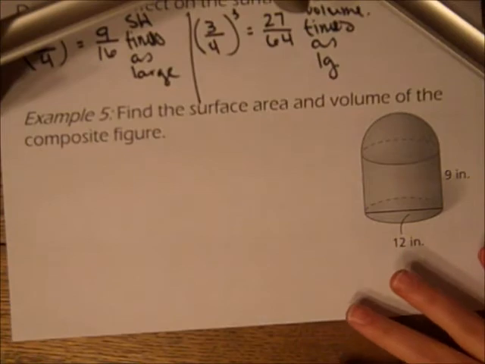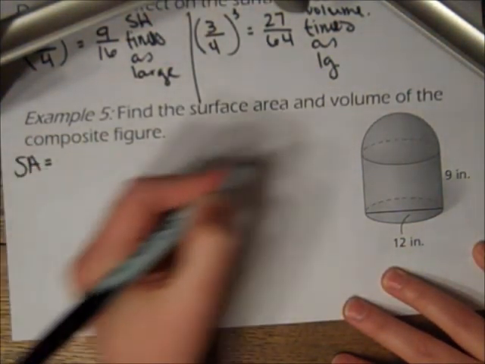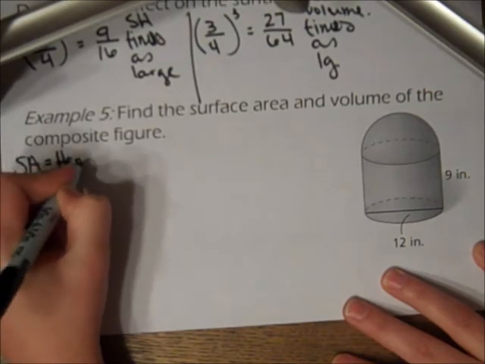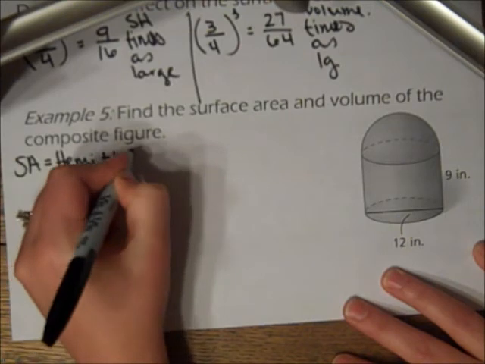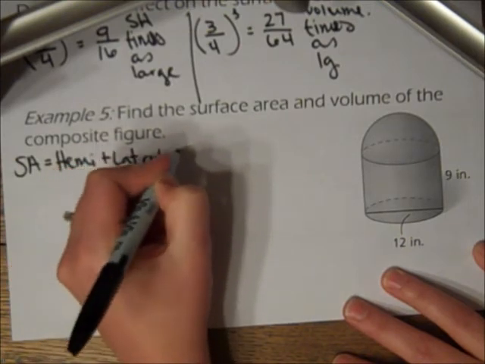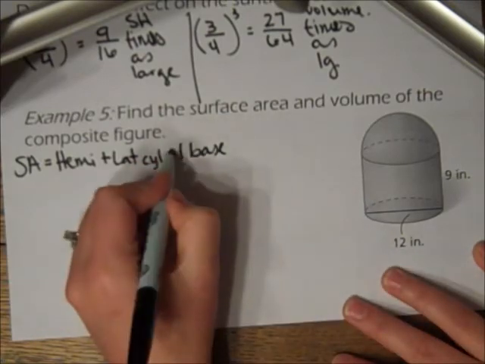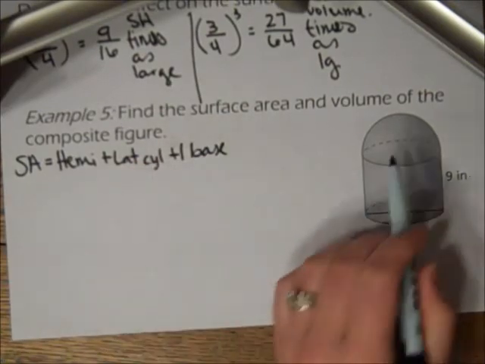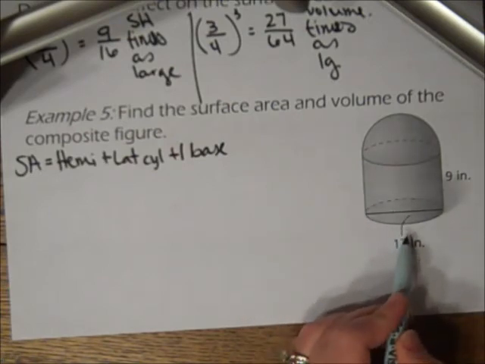One way you can work out what you need is to just list out the parts. So in this one, I know I want the hemisphere. I know I want the lateral of the cylinder. And then I know I need one base on the bottom. So hemisphere on the top, the lateral around the middle, and then one base on the bottom.